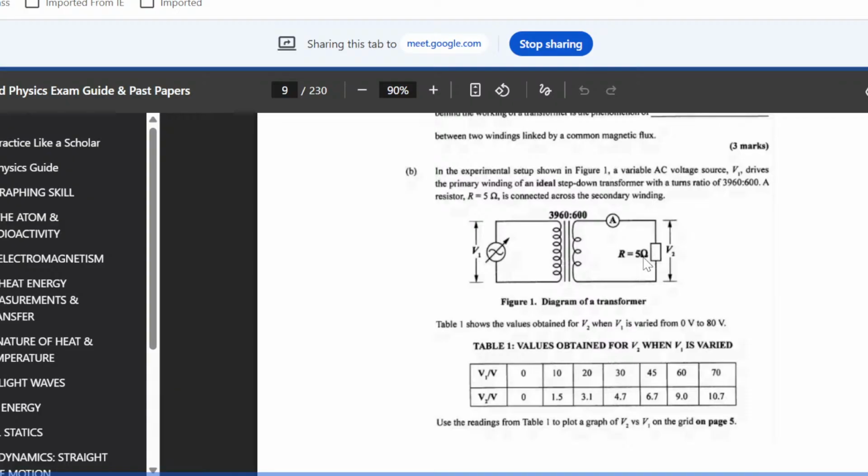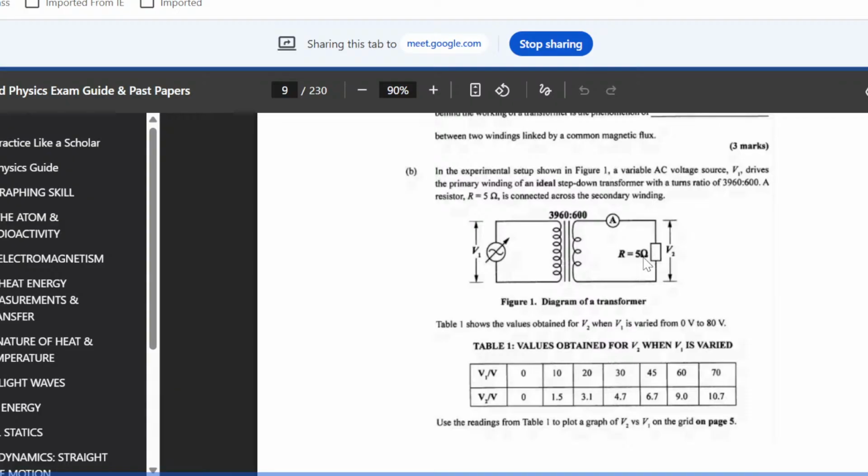So based on the diagram, what type of transformer is it? Step up? Step down. Step down, yeah. So it's a step down transformer.